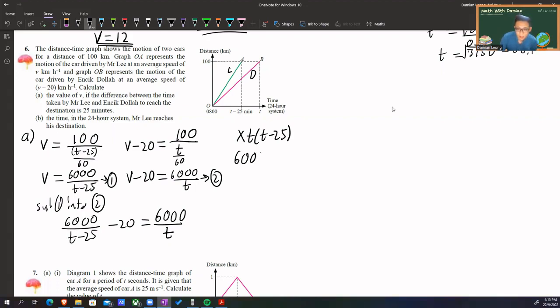Then I have 6,000 T, times T minus 25, this will be gone, times T here, 6,000 T. 20, I times T and T minus 25. And 6,000 over T times T, this is gone, times T minus 25.